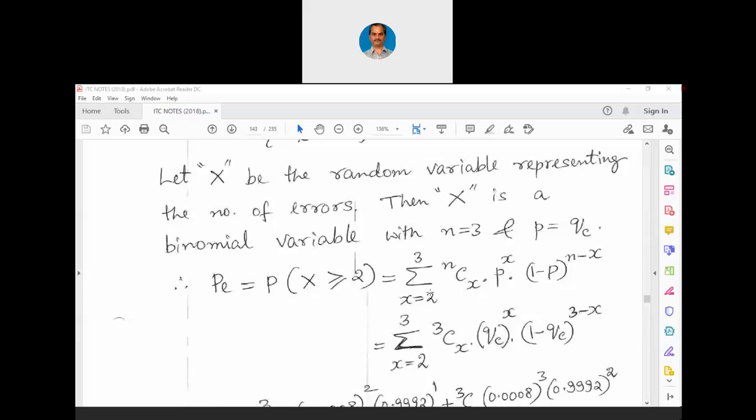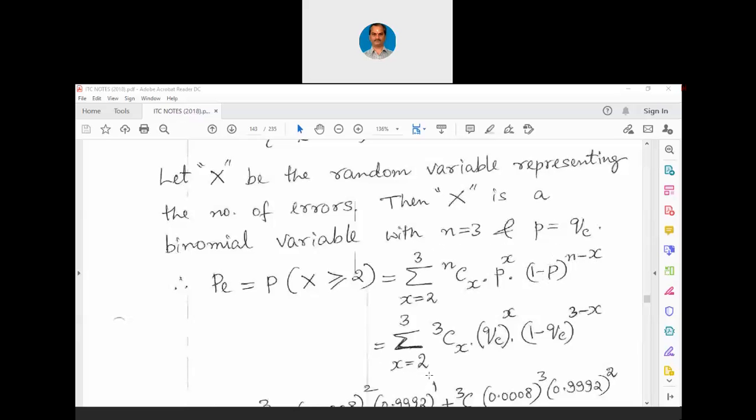That is summation of x equals 2 to 3, because the number of errors can be 2 bits, where all the 3 bits also can be under error. So summation of x equals 2 to 3 of nCx into p power x into 1 minus p to the power of n minus x. This is as per the binomial theorem.